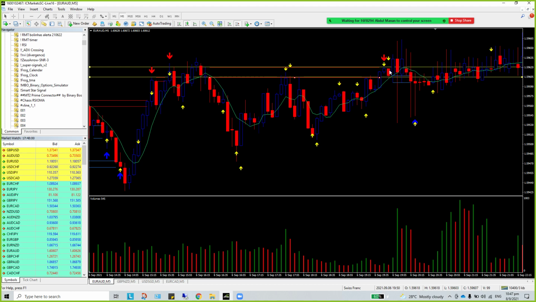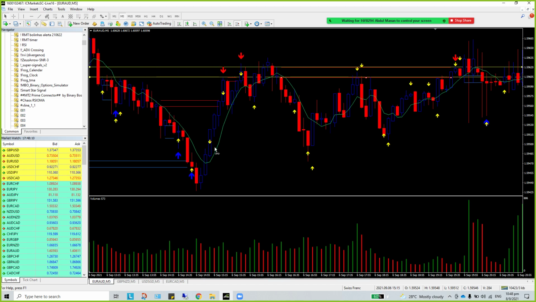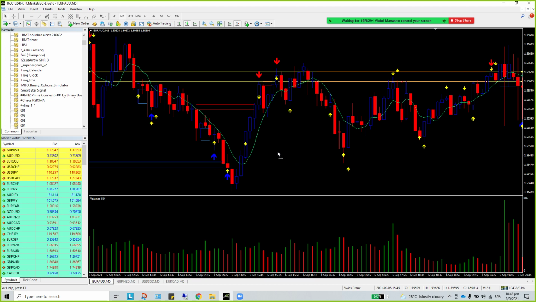Even if you are closing in between these two trend lines, there are 60% chances that on the next bar we can expect a reversal candle, but sometimes it's not reversing, so I don't want to take risk on that. But here we are getting the sure shot signal. This is the one thing.